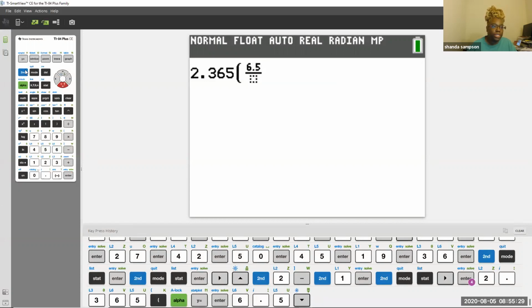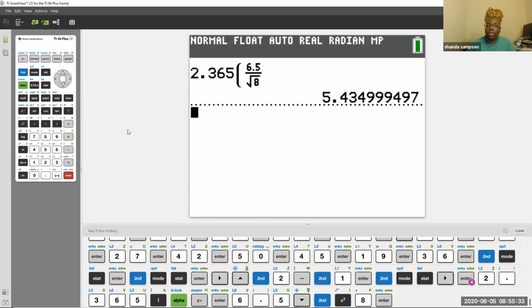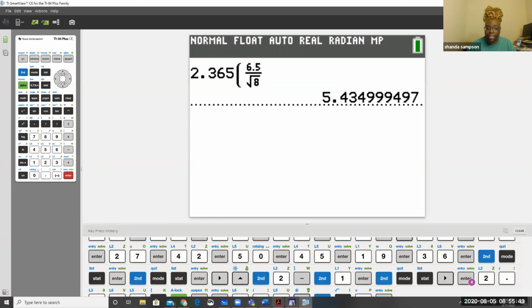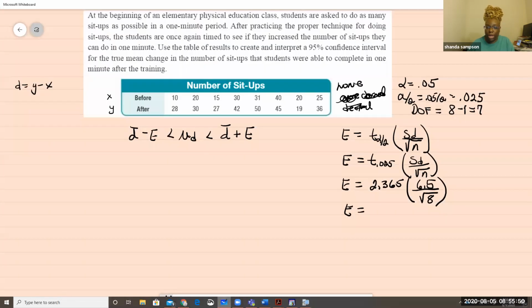So if my students decided to, again, your instructor may be different, they would have to write down 5.434999, all right, because they have to have 6 decimal places. If they decided to write it down, it has to be written down properly. So if they wanted to write down 5.434999, then they would get credit for it, for the final digit. But if they didn't round to the proper digit, then they would get it marked wrong.